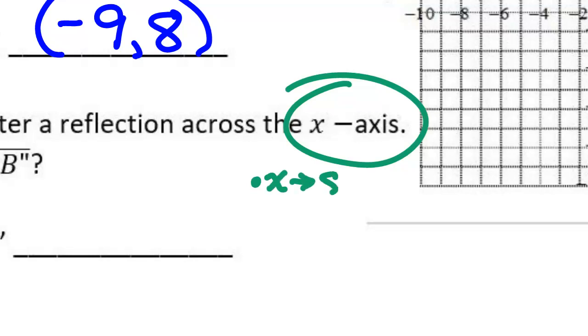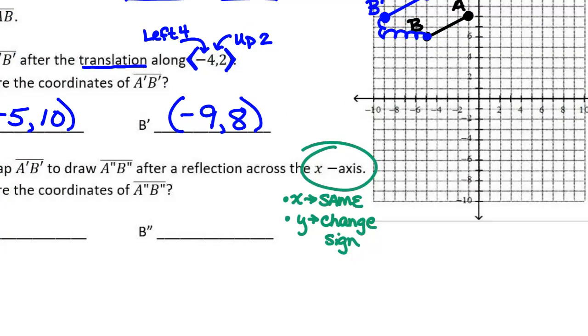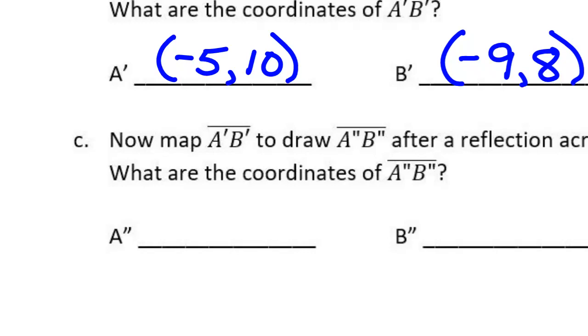Yes, x is going to stay the same, and y's are going to change sign. So for A double prime, x is staying the same, y is changing sign. What would A double prime be then?